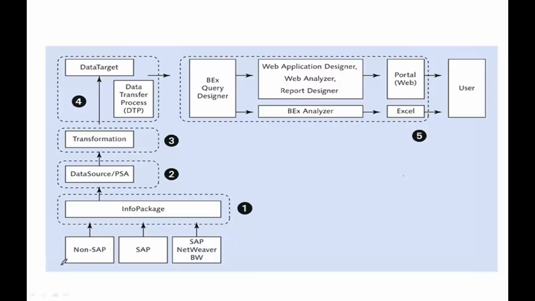BW supports non-SAP systems data, SAP systems data and BW data also. One BW's data can be loaded into another BW. So what do I call these systems? These systems I call data source. What do you mean by data source? Data source stands for source of the data. In the sense, who is providing data? These systems are providing data.